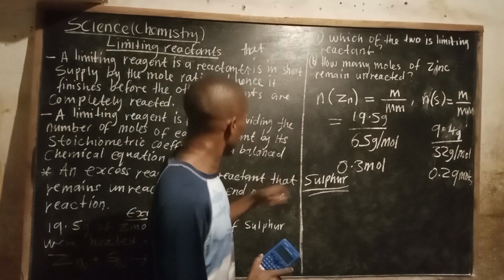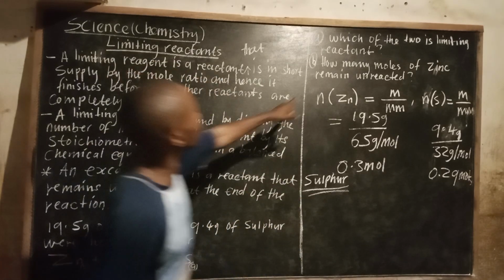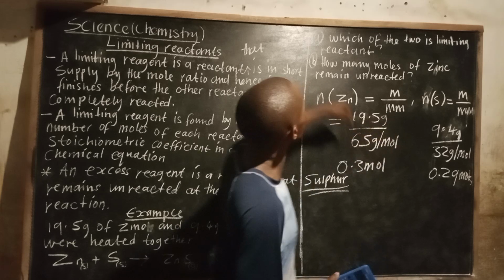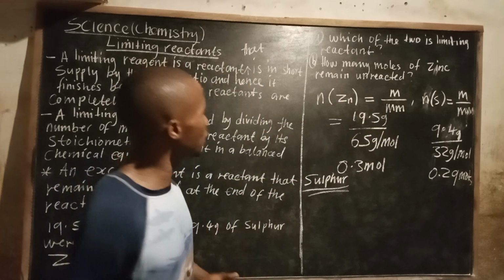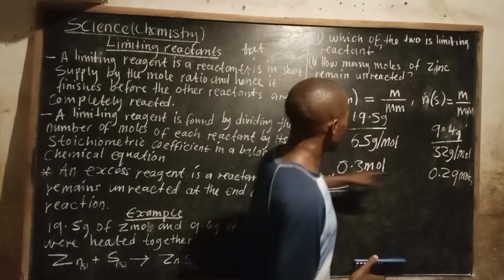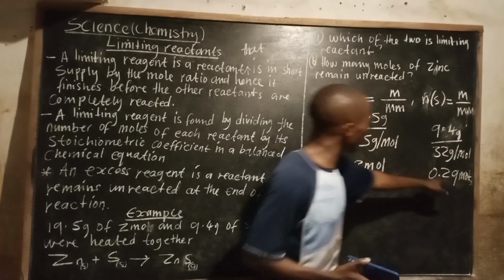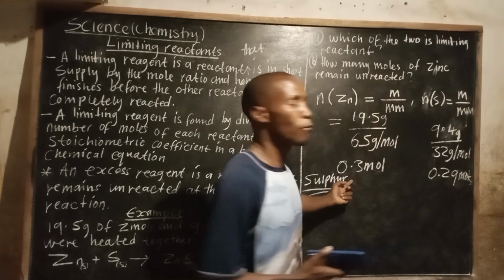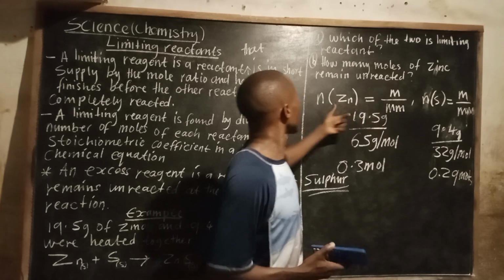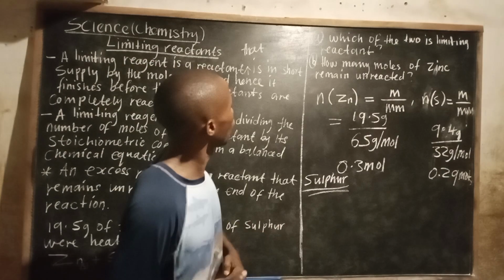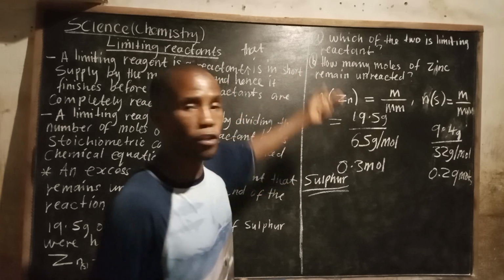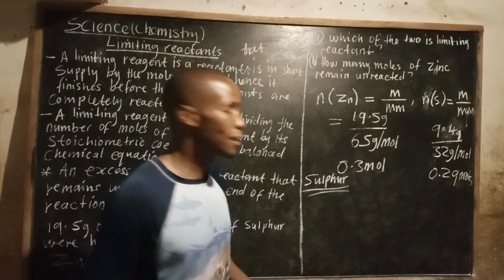Okay, so this is what is happening here. So now for us to know the number, according to the question, how many moles of zinc remain unreacted? How many were there? So it means we need to subtract the number of moles for sulfur from the number of moles for zinc. That is when we are going to know the number of moles that remained unreacted.